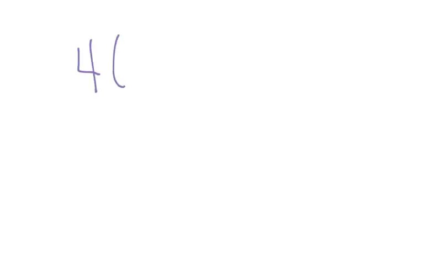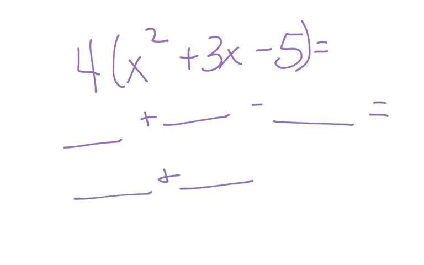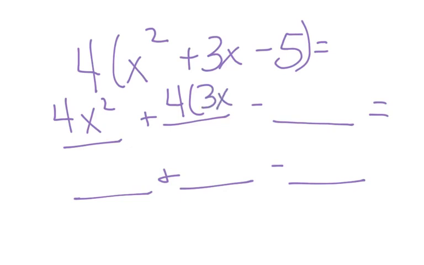And lastly, we have the 4 that's going to be distributed. So again, on your worksheet, it has blank plus blank minus blank. And I want you to do another one of those, blank plus blank minus blank. Because we're going to distribute the 4 to the x squared, 4 to the 3x, and a 4 to the 5.